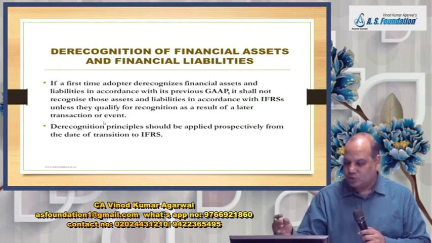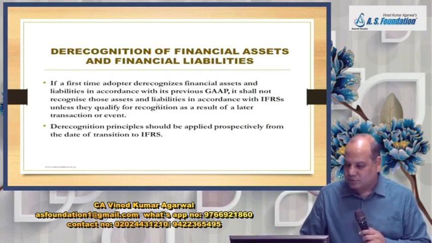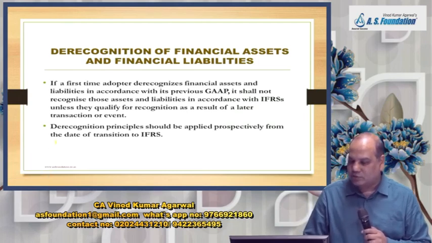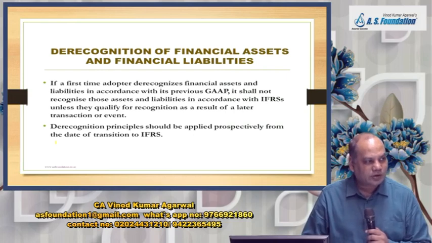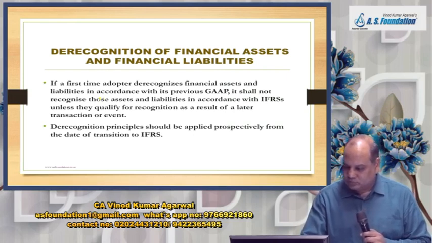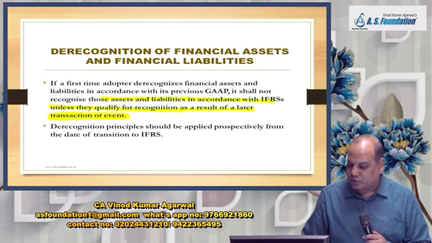Simply put, those financial assets and liabilities which you have de-recognized, do not recognize it again, unless they meet some other criteria due to a later transaction or event. De-recognition principle should be applied prospectively from the date of transition to IFRS.